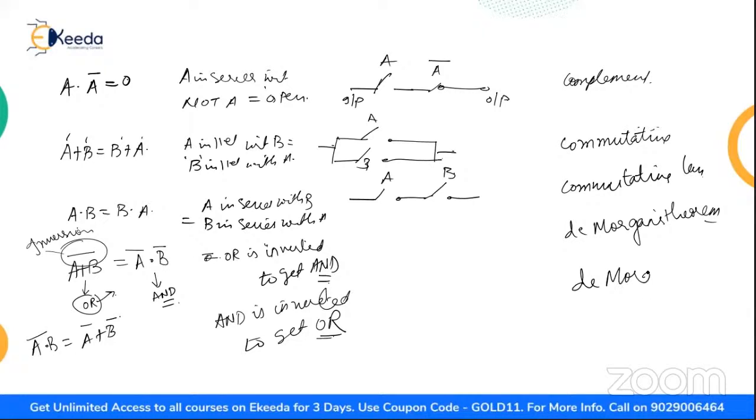Again, it is De Morgan's law or De Morgan's theorem. So these are basic laws of Boolean algebra. These two are very important. Others are also important, but these two are very important.